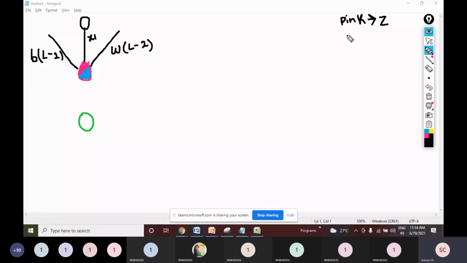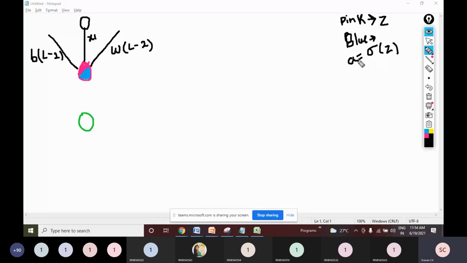The blue part represents an operation which is sigmoid of Z. We are applying the sigmoid operation on Z, and this output I represent with the symbol A. So from a node, whatever output I finally get is represented with the output A.